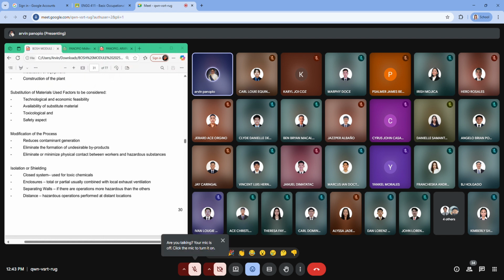So, as to reduce the contaminant generation, we have switched from a one batch of reactors, or kung lagi siyang ino-open yung storage. So, we need to switch to a closed batch para po hindi magkaroon ng contamination before when we open the lid, kasi mas safe kapag closed.